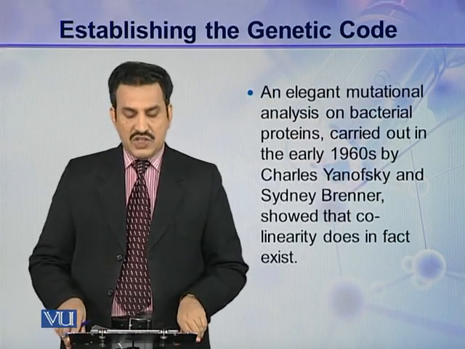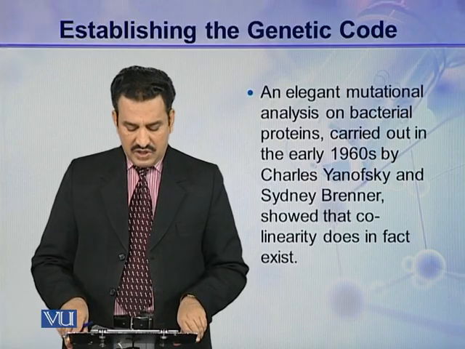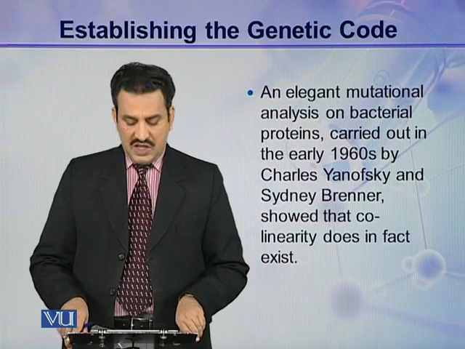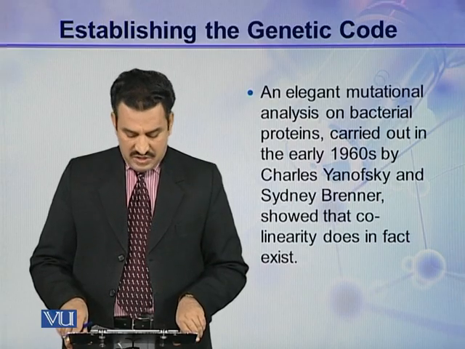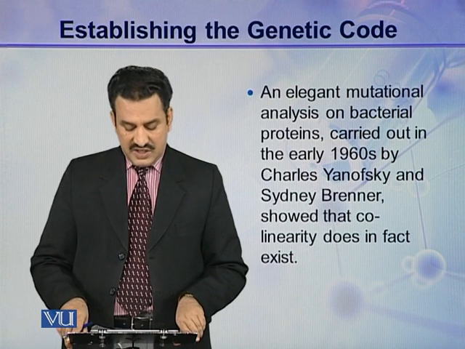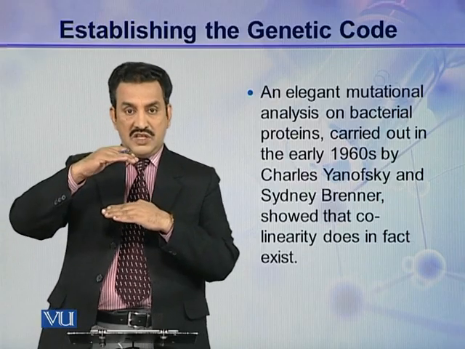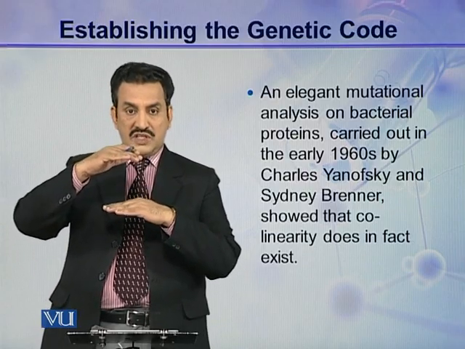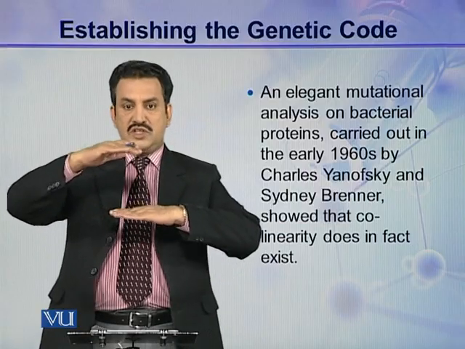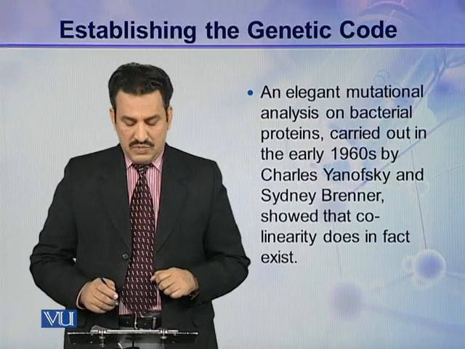An elegant mutational analysis on bacterial proteins carried out in the early 1960s by Charles Yanofsky and Sydney Brenner showed that collinearity does exist. In fact, collinearity means the linearity between the base sequence in DNA and the amino acid sequence in proteins. So these sequences show some collinearity.